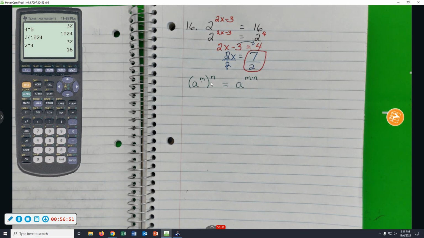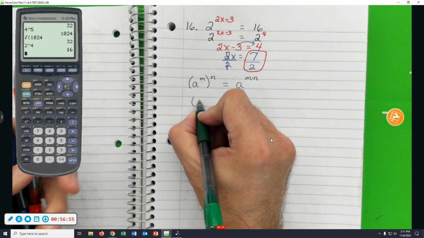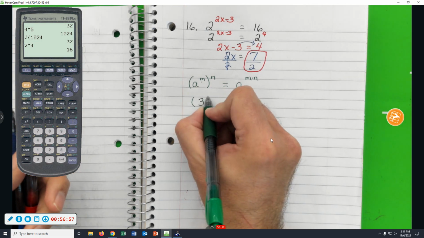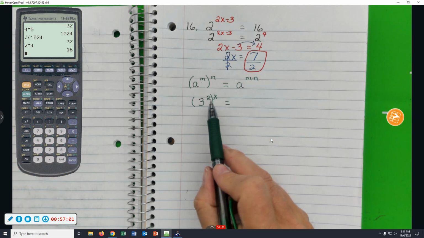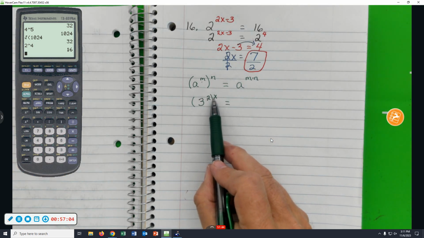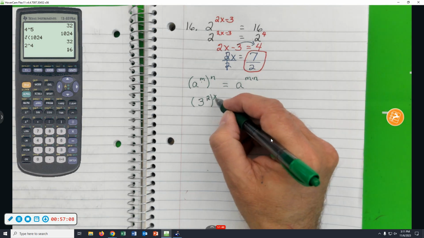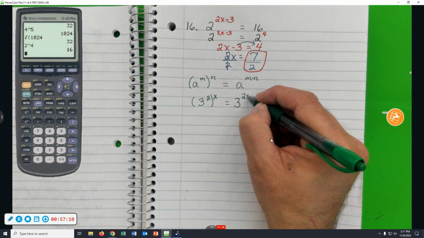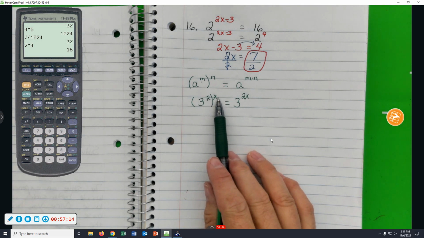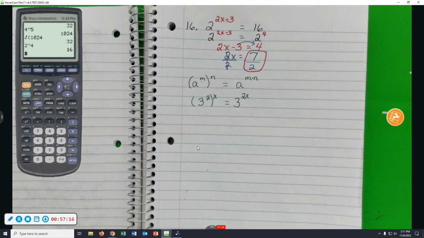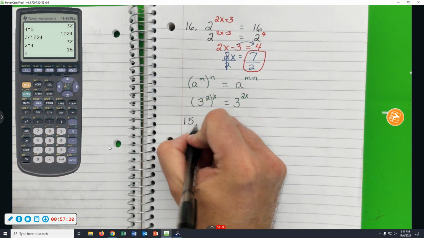And that's going to be significant if we had something like 3 squared raised to the x power. When you have one exponent raised to another like that, you can write it as 3 to the 2 times x. You're going to see that with number 15. Let's go back to 15.